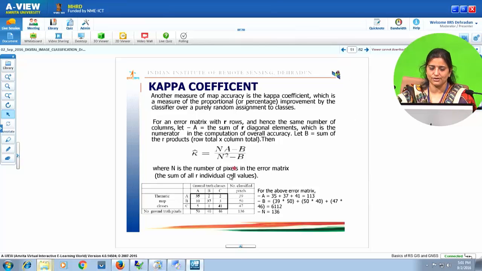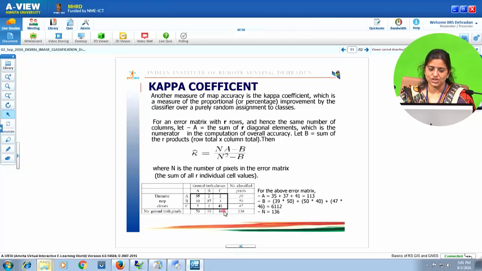So kappa hat, or the kappa coefficient, would be equal to (NA minus B) upon (N square minus B), where N is the total number of pixels, that is 136. A is the sum of correctly classified pixels, 35 plus 37 plus 41. B is 39 multiplied by 50, plus 50 multiplied by 40, plus 47 multiplied by 46, that is row total multiplied by column total.